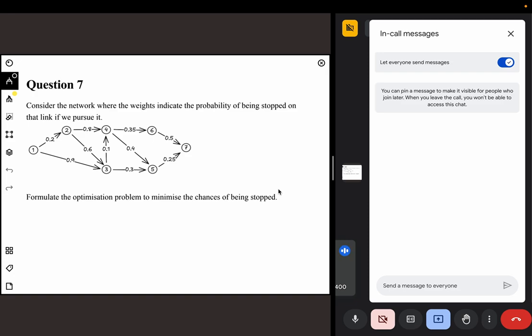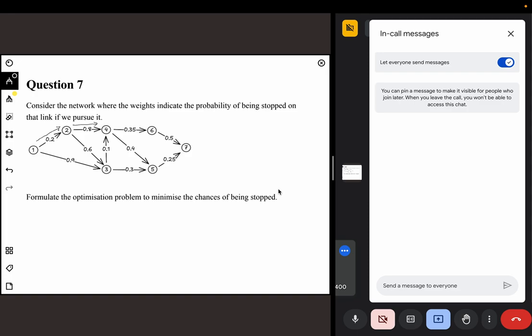But then this problem is different from the cost problem in a different way, because let's say you want to move from point 1 to point 4, what is the total probability that you will get stopped? I want to go from 1 to 2 and from 2 to 4.